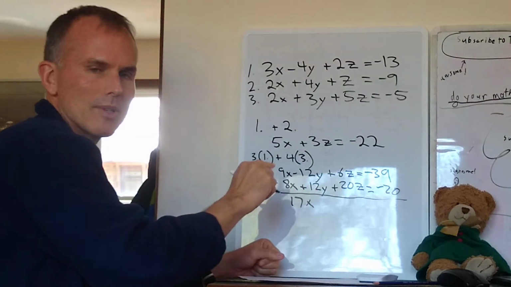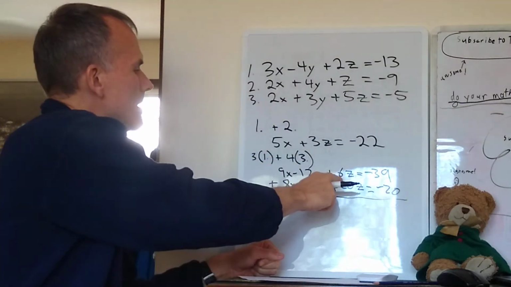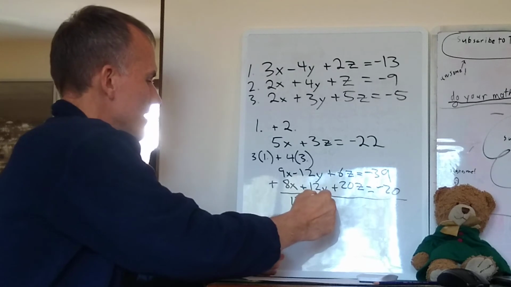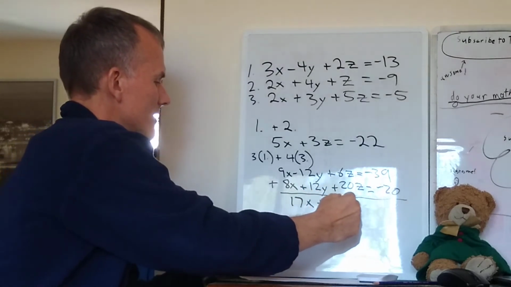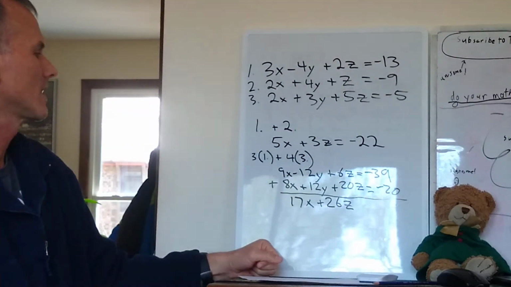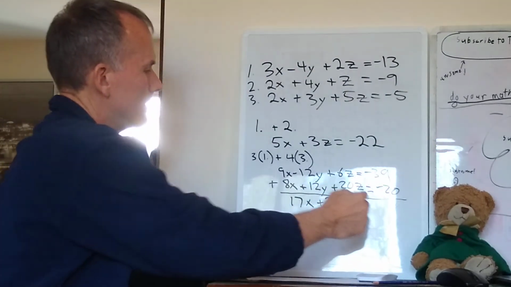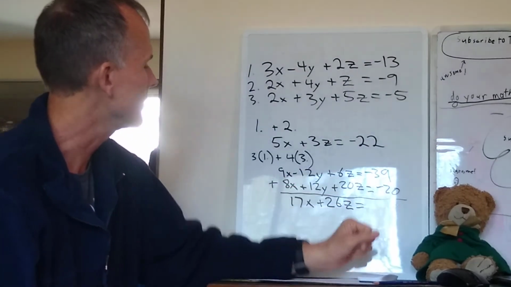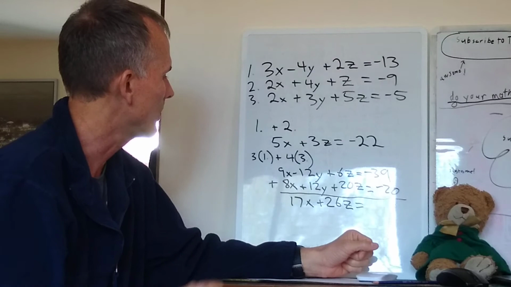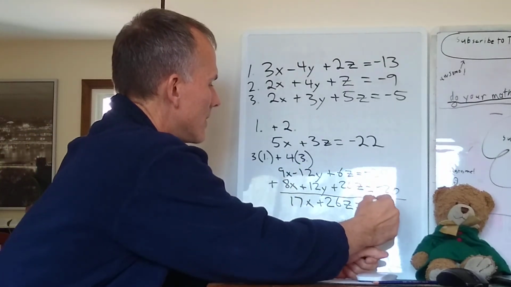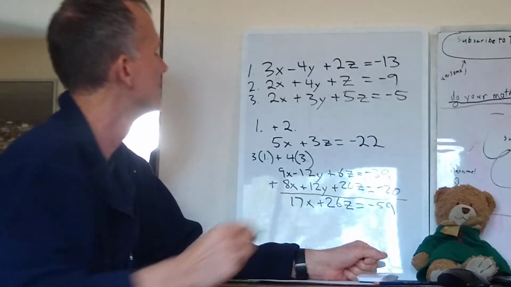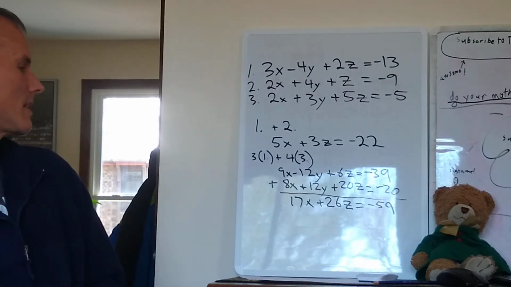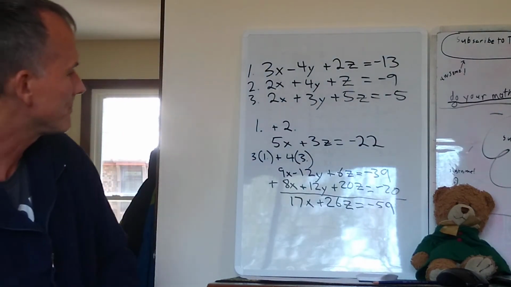Negative 12y plus 12y makes it 0y. 6z plus 20z is plus 26z. And then on the other side, negative 39 plus negative 20 makes negative 59.